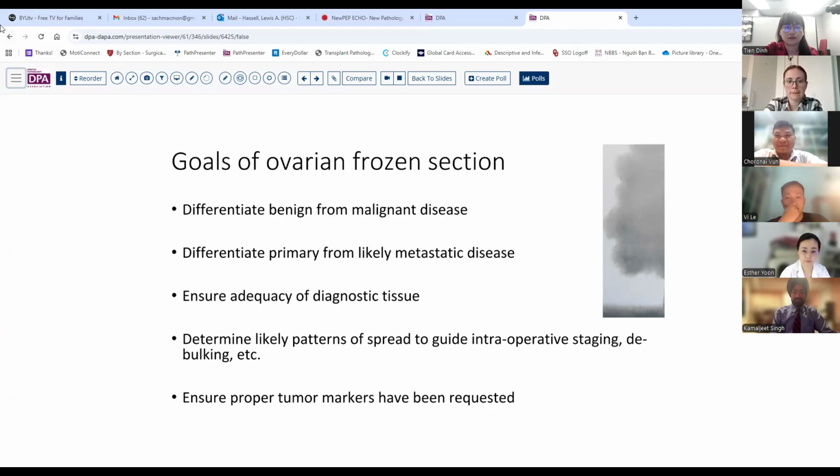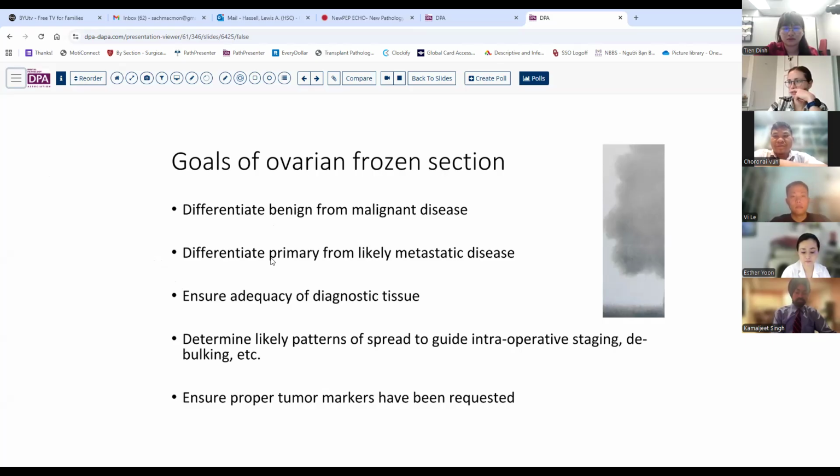At the same time, there are many instances where metastatic disease can mimic a primary ovarian tumor, and the workup and evaluation of metastatic disease in that setting of a large, bulky ovarian mass is quite different. So those are the two major considerations in frozen section.